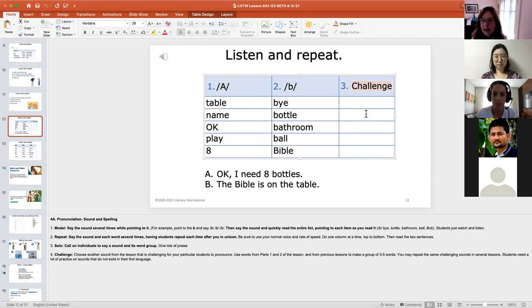Kezia, as a Portuguese speaker, what are some sounds in English that are difficult for you and for your students? I think because in Portuguese, our words are very open.